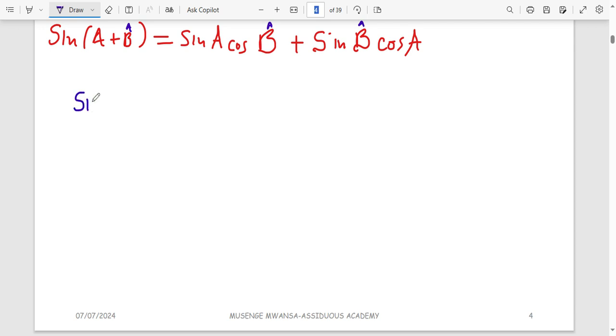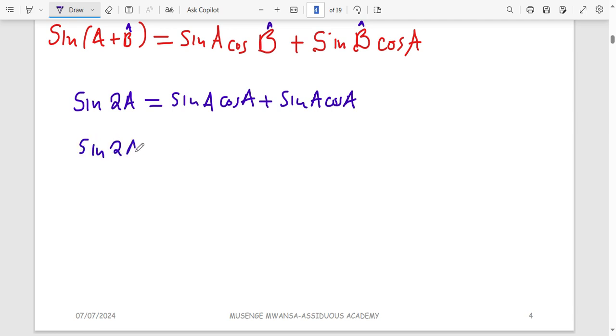Therefore, sine 2A is going to be equal to sine A cos A plus sine A cos A. But remember, sine A cos A plus sine A cos A, you are adding the same thing. x plus x is 2x.